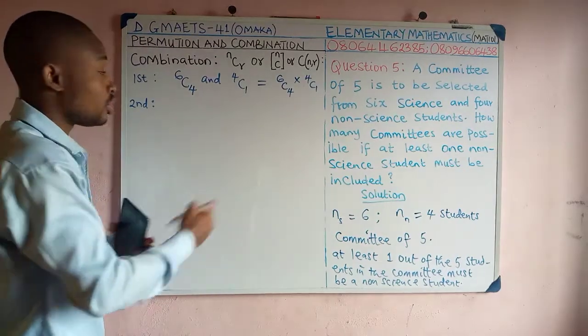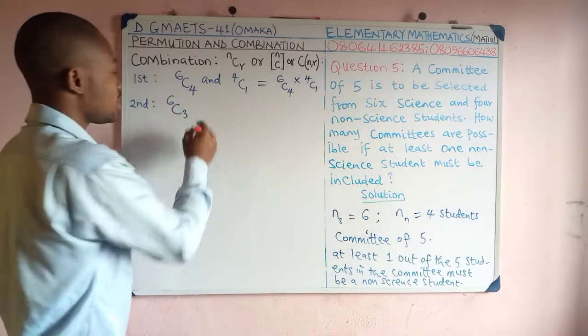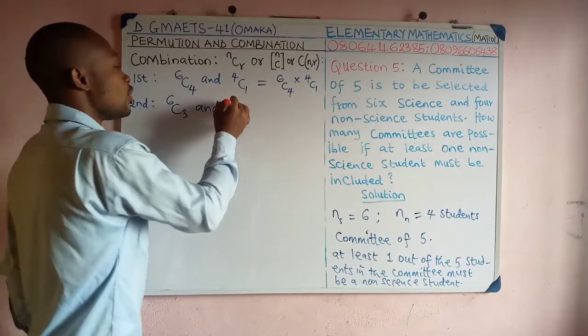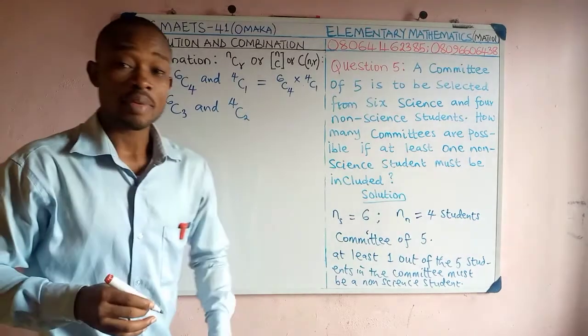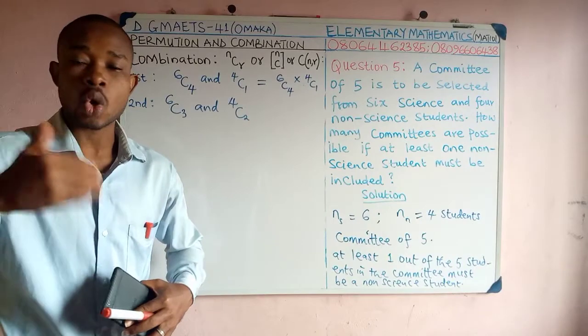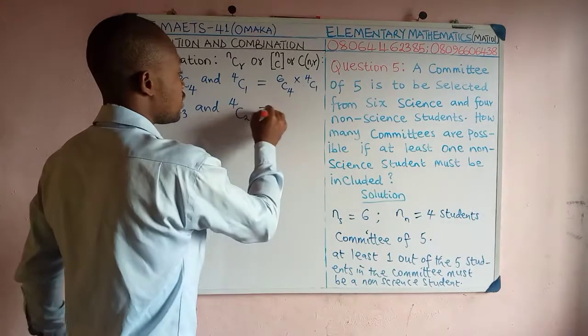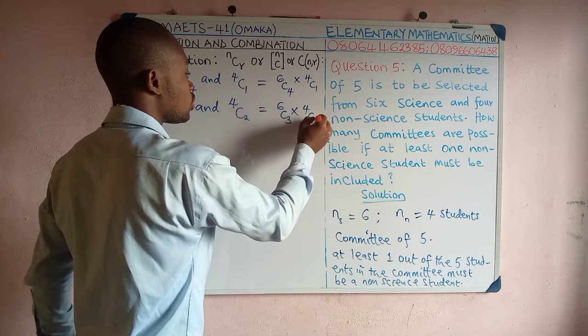That is the second draw. In that case, out of the 4 non-science students, 2 will be selected. Remember, the condition is at least 1 non-science student, so you can have 1 or more non-science students. And this is going to give us 6 combination 3 times 4 combination 2.